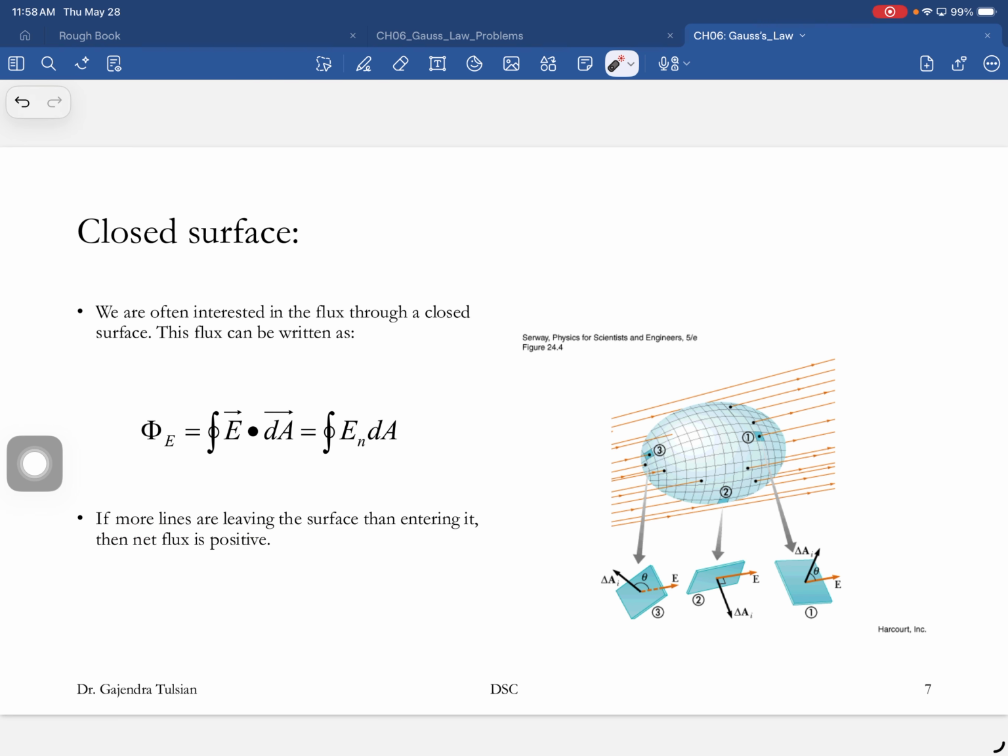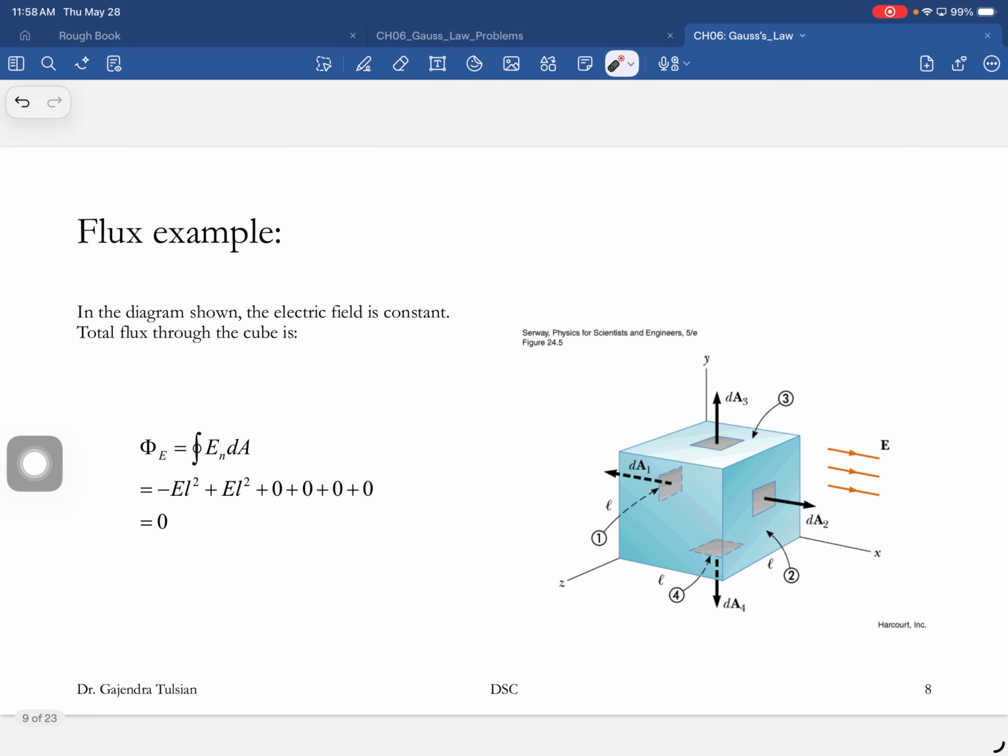this is the flux integral, and in general, this integral is not easy to do. You do it in very symmetric cases. So let's say you have a point charge, and from a point charge, the electric field is symmetrically distributed like that. And so this integral is easy to do. This integral would be the electric field times this area.